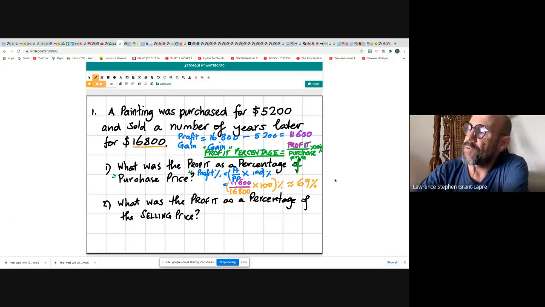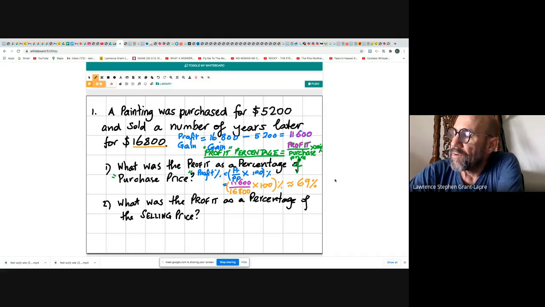Okay, so let's do part 2. Question 2 says, what was the profit as a percent? Now we're after the profit percentage. And this equals whatever that word is, the profit percentage is the first word of the formula. Profit.